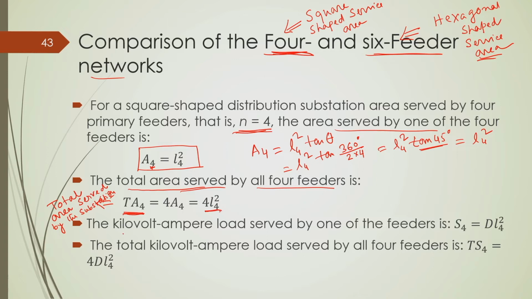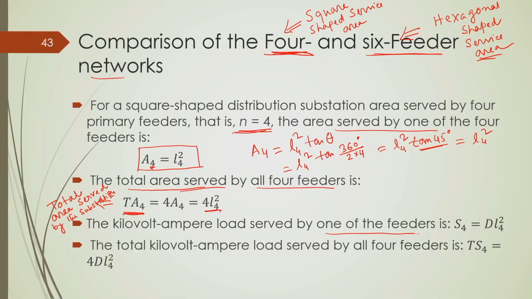Now, similarly, we can also find out how much load is served by one particular feeder when we have a square shape service area. So, this is nothing but S 4, already we determined, that is equal to D multiplied by L 4 square. This is nothing but load density multiplied by area. This area is already determined, that is L 4 square.